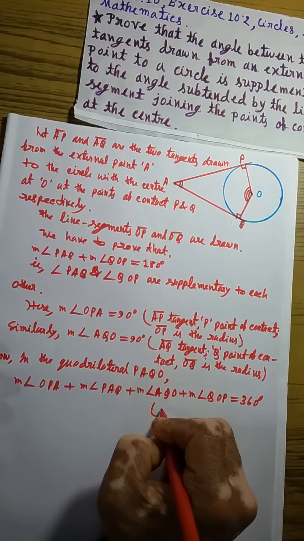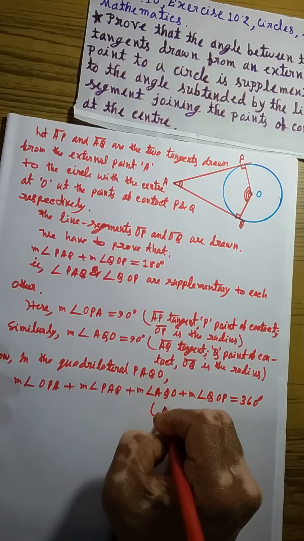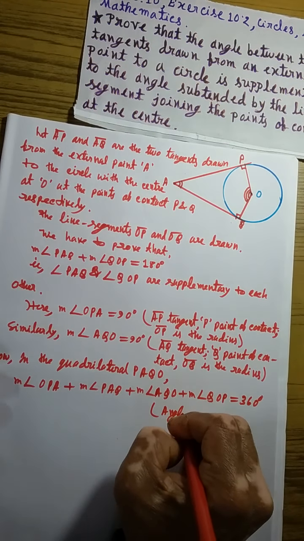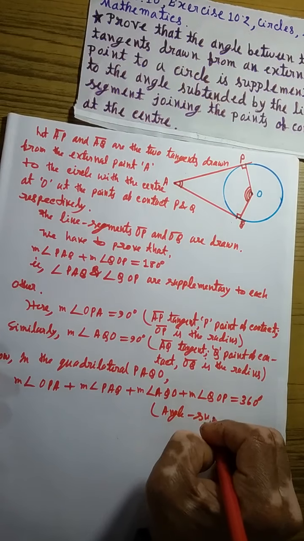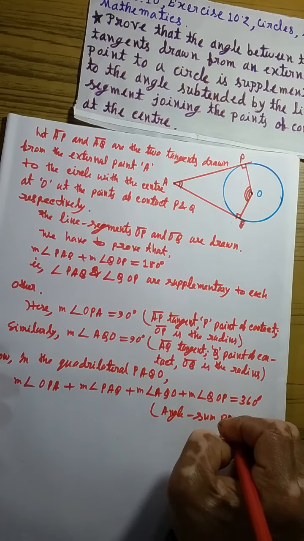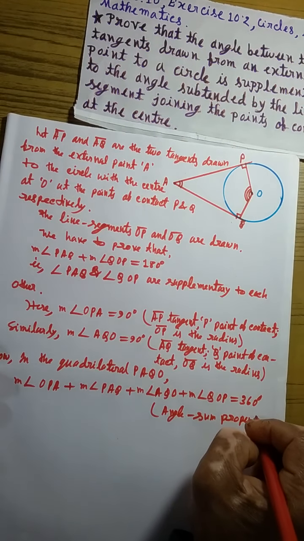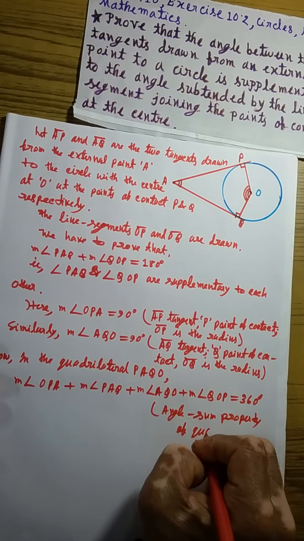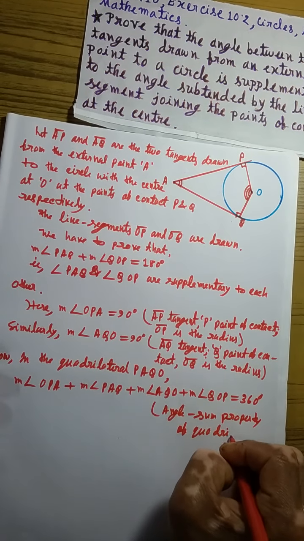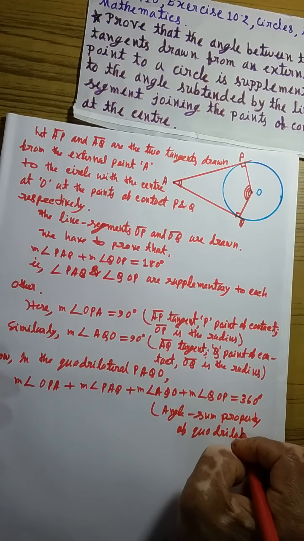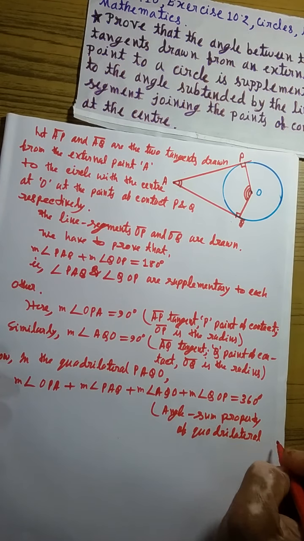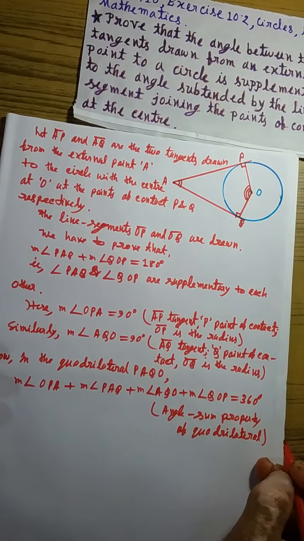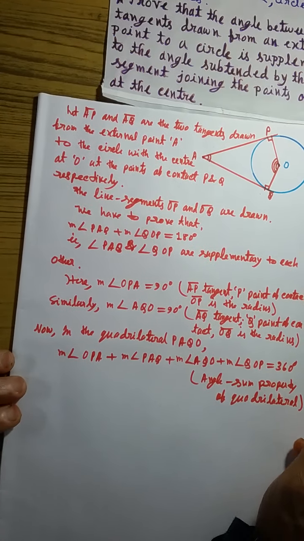Write within bracket: angle sum property of quadrilateral.